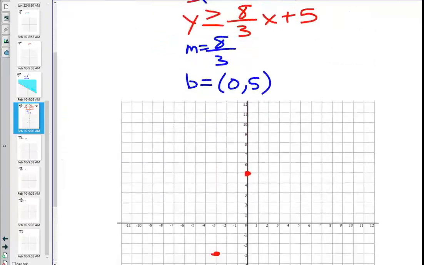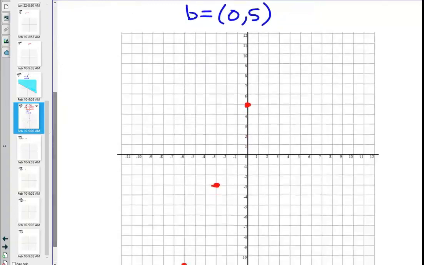It's a straight line. Kayla, what type of boundary is that going to be? Solid, yeah.